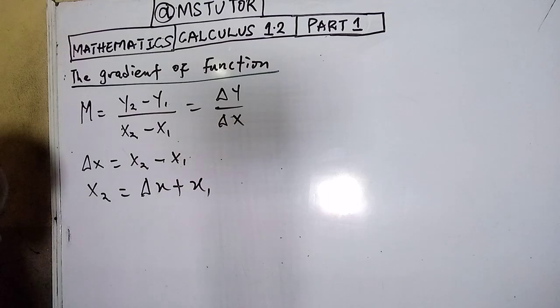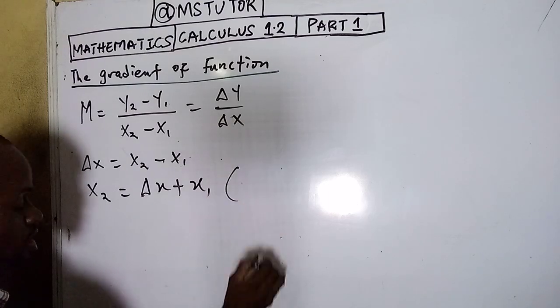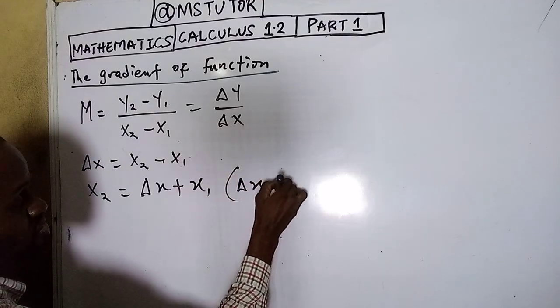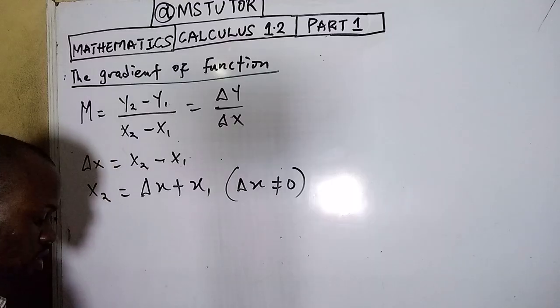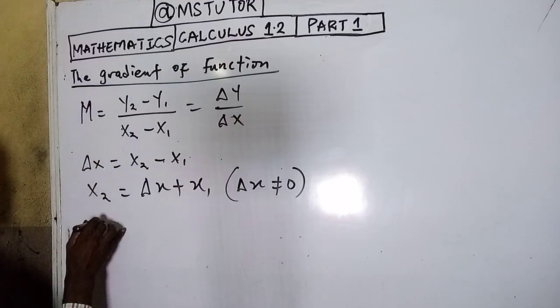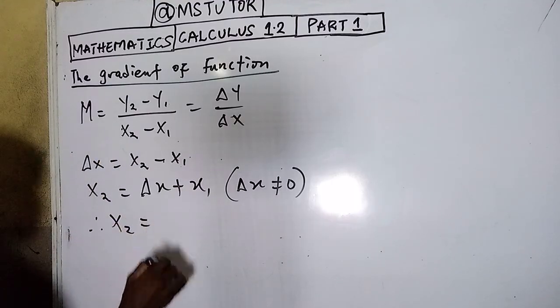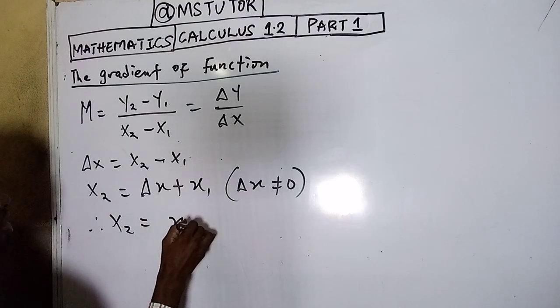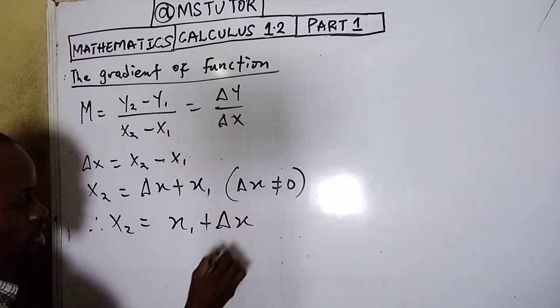So this is one of the expressions such that our change in x is not equal to 0. Since change in x is not equal to 0, we can equally see that our x2, which is the other value, equals what? x1 plus change in x.